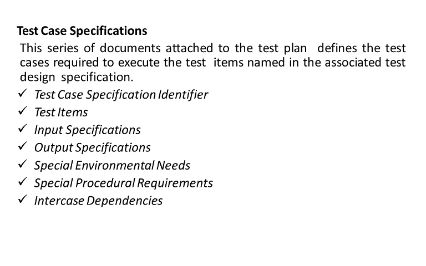The first component of the test case specification is the test case specification identifier. As with the test design, here also we assign a unique identifier number to the test case specification. Next, test items: the names of components and features to be tested by this test case specification.